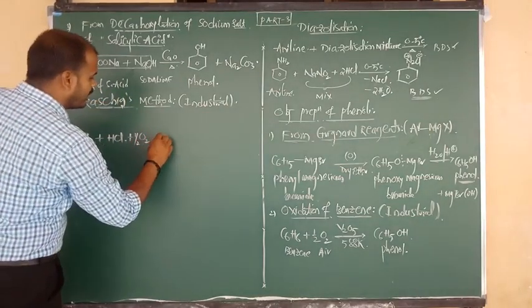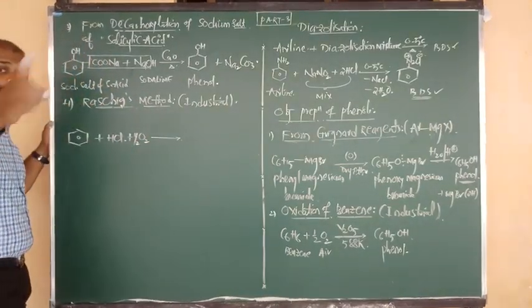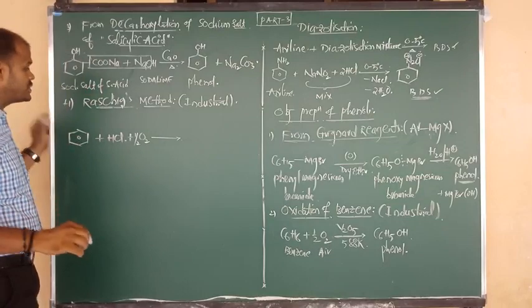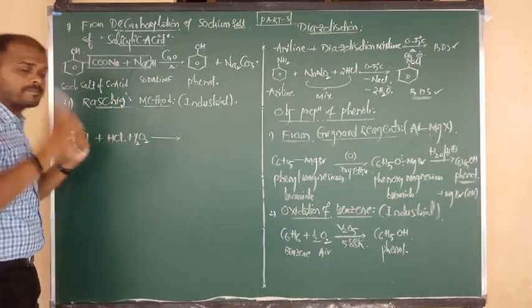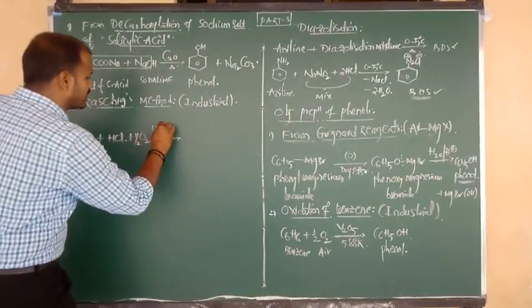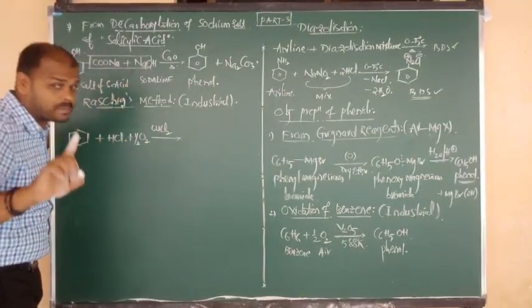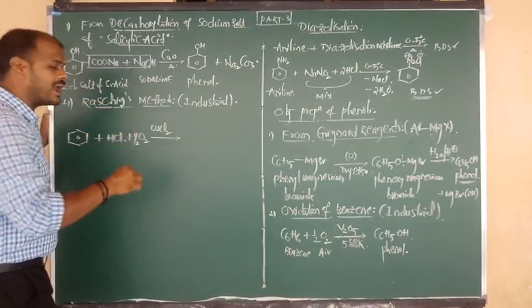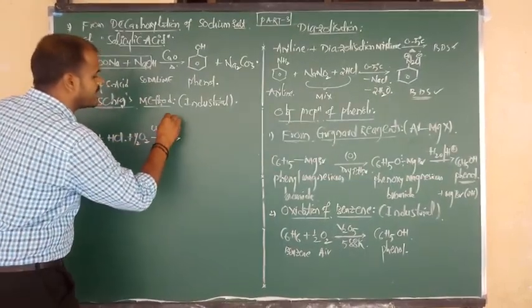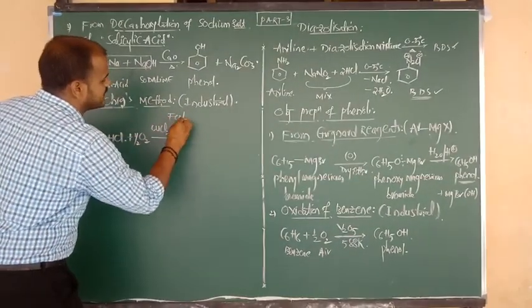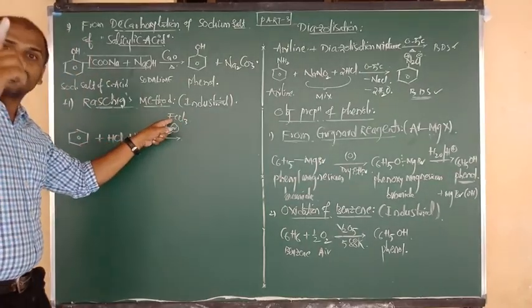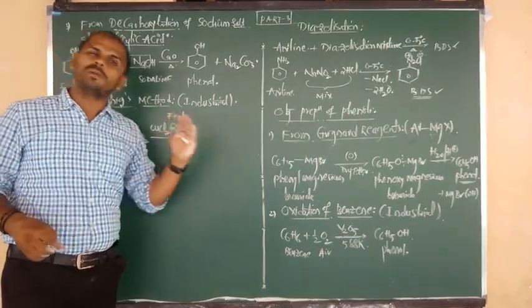And listen carefully, I told you so many times, in CET, NEET, in so many exams it was a repeated question: what is the catalyst in Raschig process? The catalyst in Raschig process is CuCl2, cupric chloride, not cuprous. And we can also consider another catalyst, FeCl3, ferric chloride, or you can consider cupric chloride.